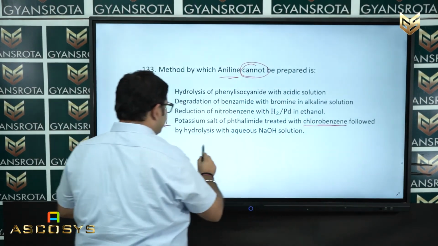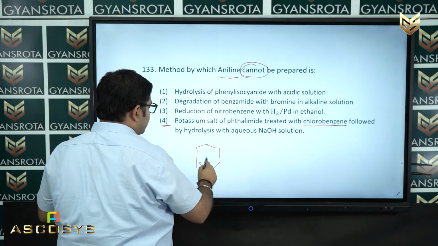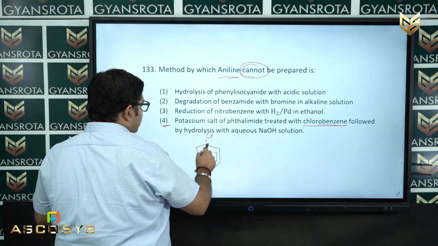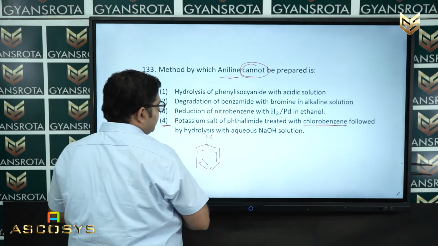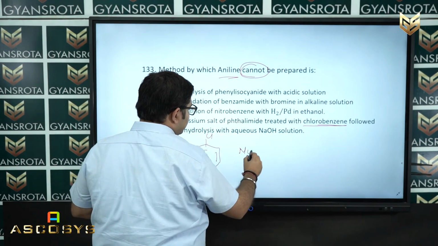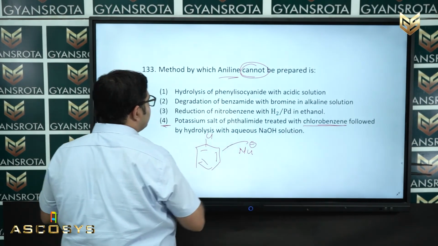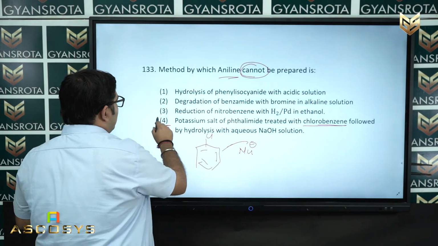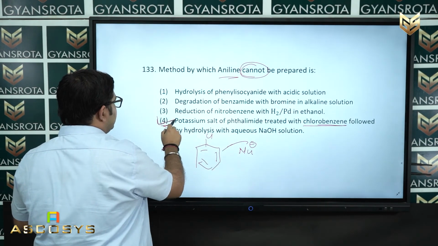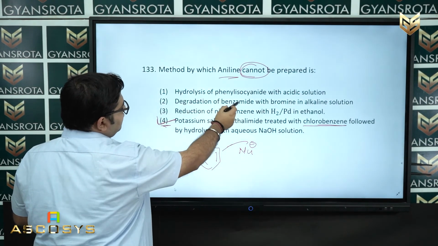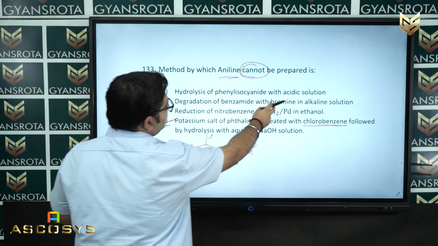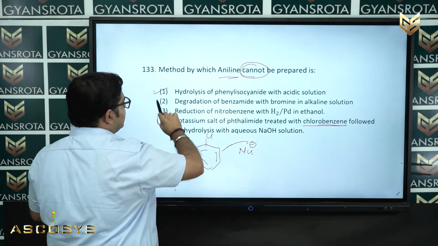See, in chlorobenzene, this is not possible because this one is not attacked by any nucleophile. Okay. If you see the option hydrolysis of phenyl isocyanate with acidic solution, yes, this is possible, this is true.